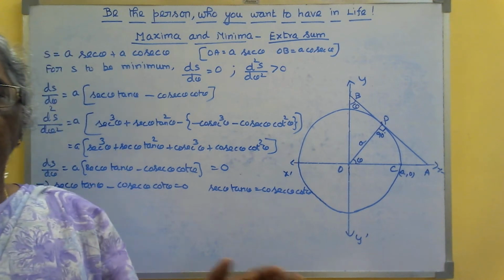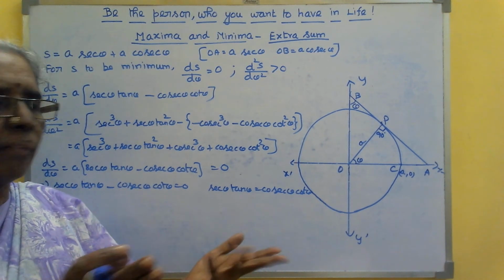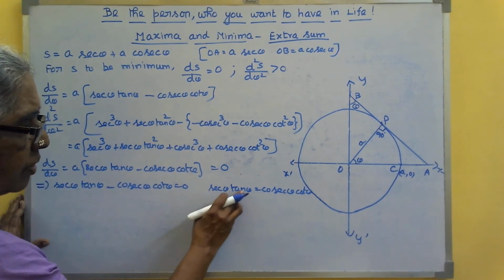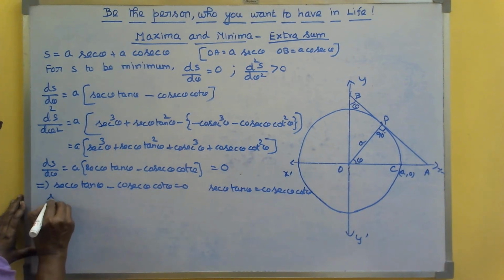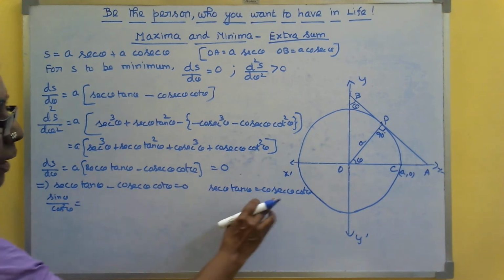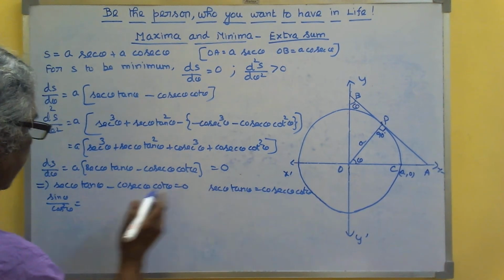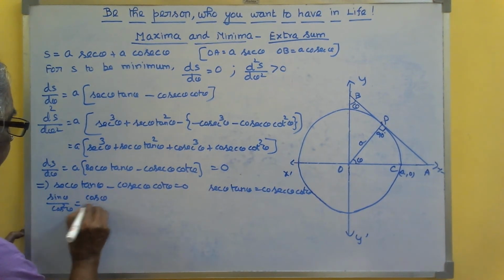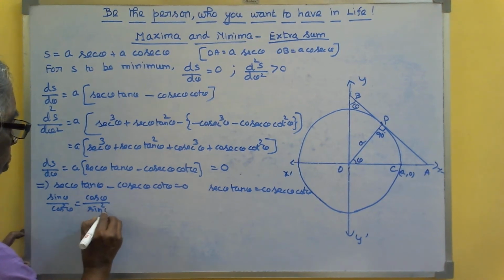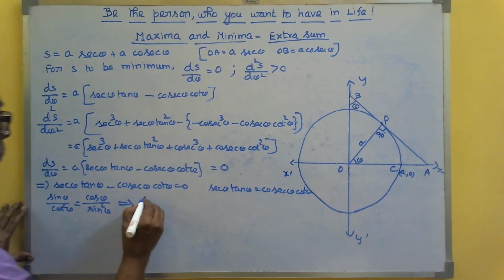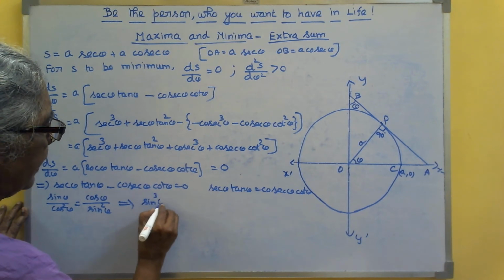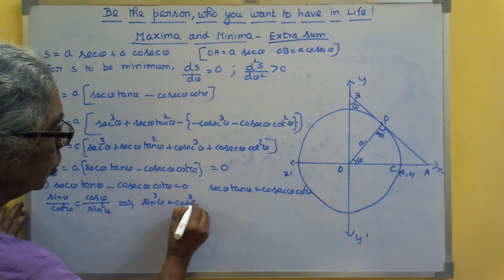Let us convert everything in terms of sine and cos to solve it easily. So this is 1 by cos, this is sine by cos. So I will be getting sine theta by cos squared theta. This is 1 by sine theta, that is cos theta by sine theta. So I will get cos theta by sine squared theta. Cross multiply, you will get sine cube theta is equal to cos cube theta.